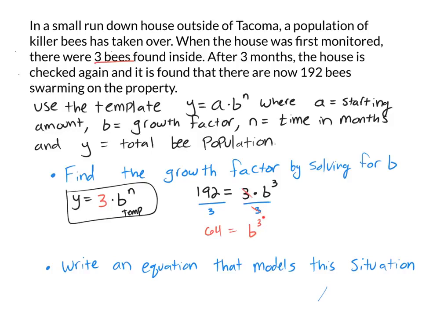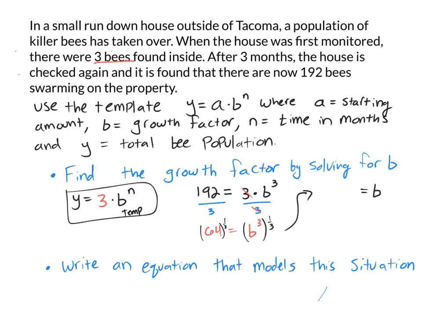What do I need to multiply that by to get a power of 1? Oh, we know. We have those fractional exponents now. We can raise that to the 1/3 power. And I'm left with b to the 3 to the 1/3, which is just b to the first.